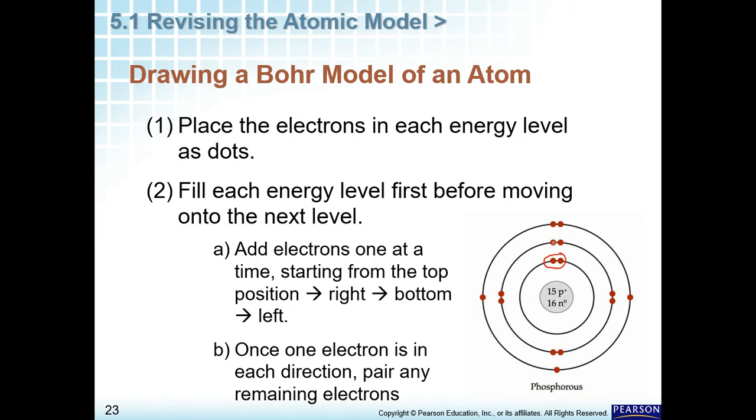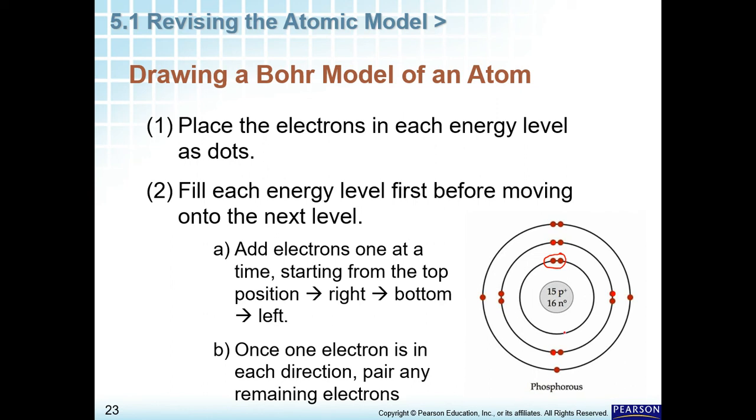So you would add 1 on the right, 1 on the bottom, and 1 on the left. And if you had any more, then you would pair them up going around again. So that's why on the outside you see these being paired and then 1 on each side.